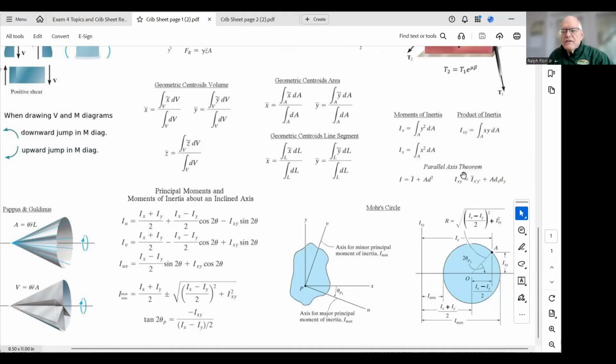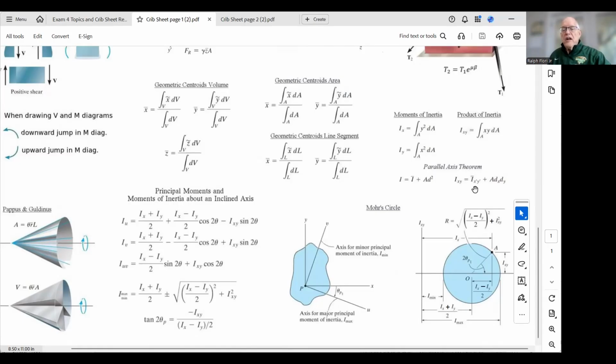The I bar primes for symmetric areas, for example, a rectangle, a square, a circle, an isosceles triangle that's symmetric about its central axis, a half circle which is symmetric about one of its axes, all of those I bars are zero.